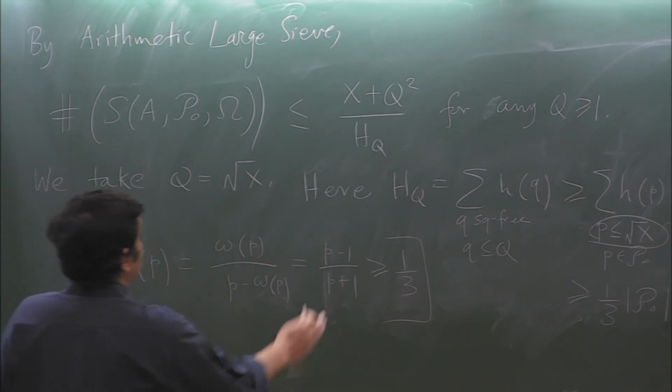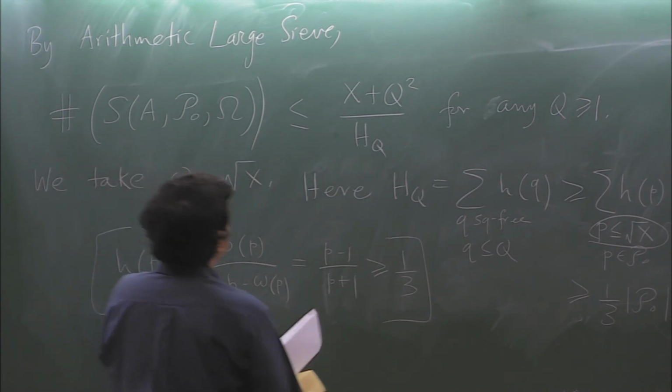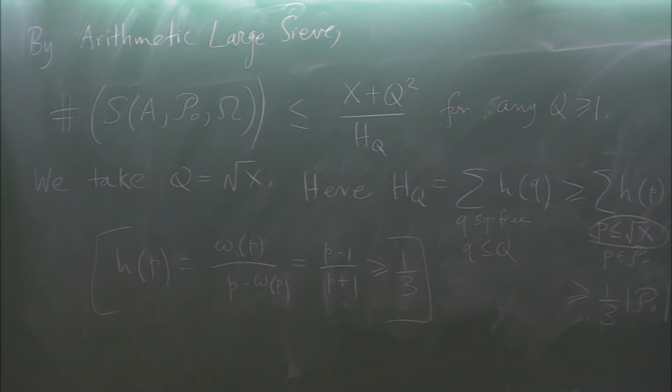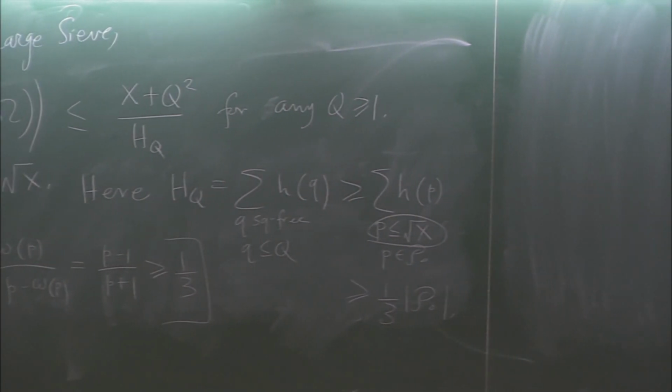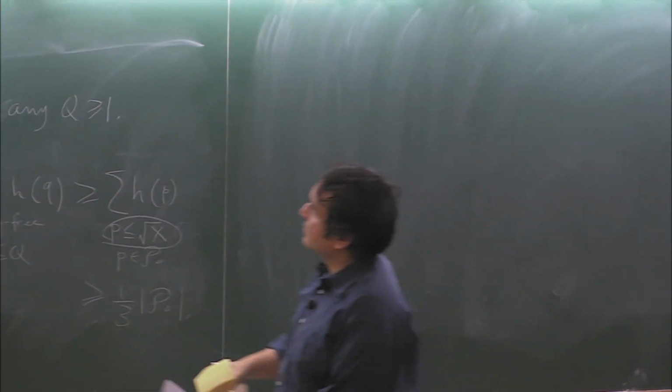Okay. So applying it here, I have an upper bound for the size of S, and I have a lower bound for H_Q, which is 1/3 of the size of P naught.